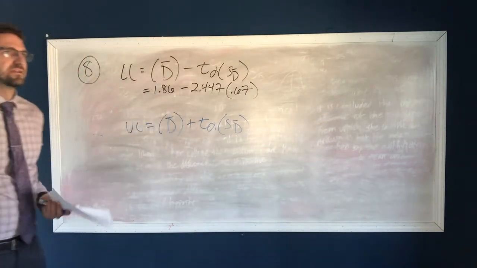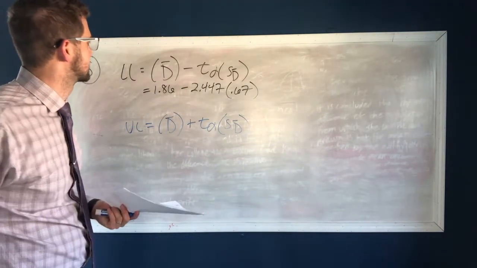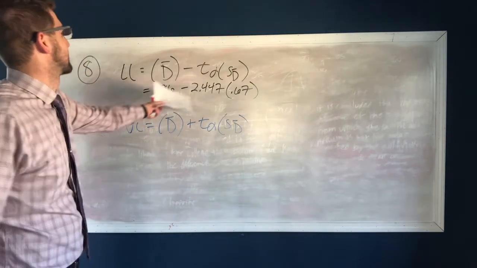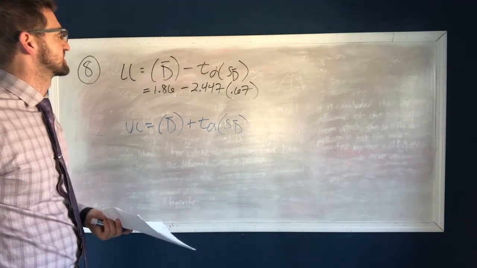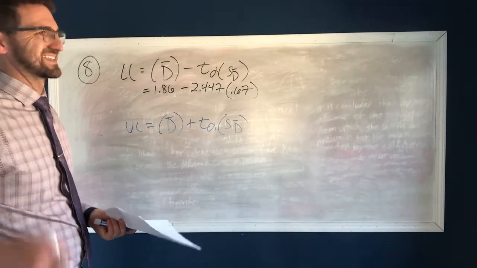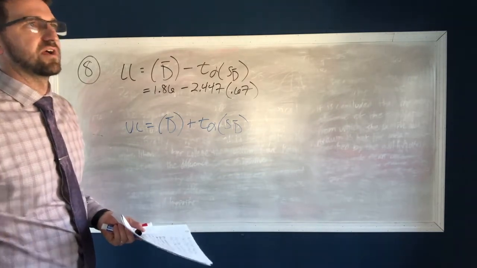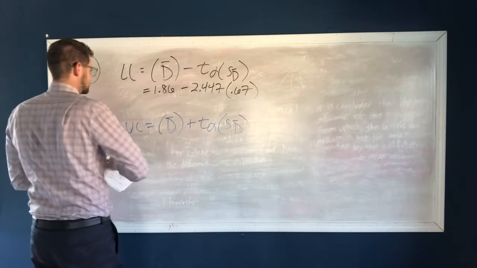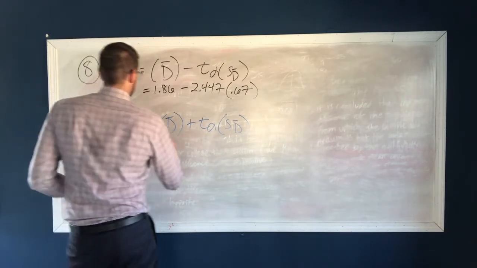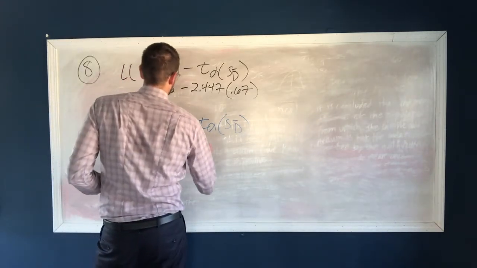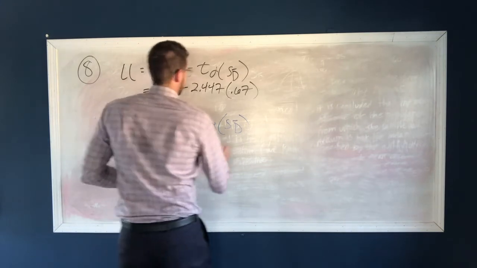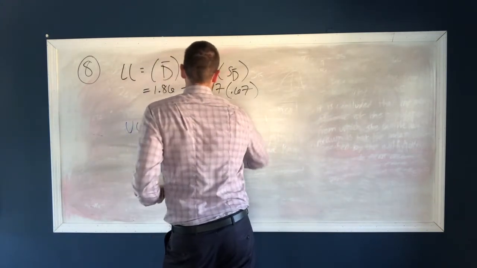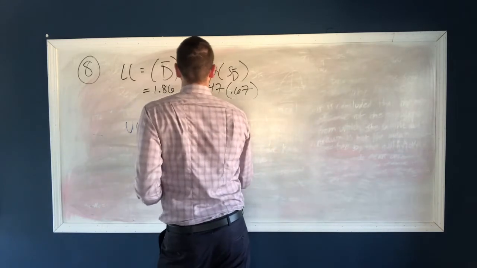Okay, our sample mean difference is 1.86 minus our t-critical, 2.447, multiplied by 0.67, which is our standard error of the sample mean difference. Same exact thing for the upper limit, except we are adding.